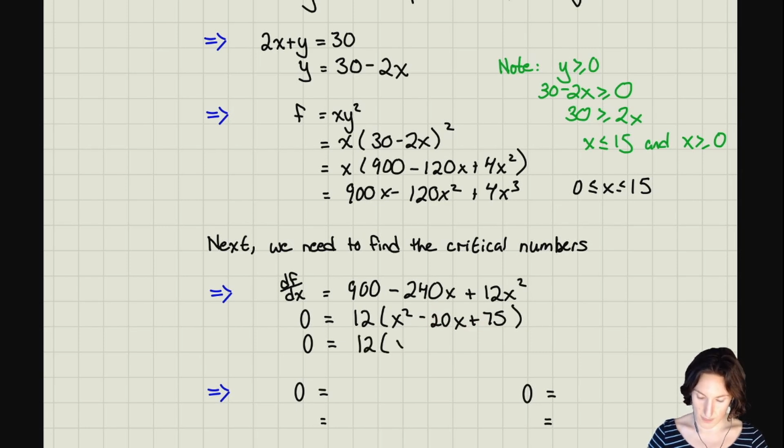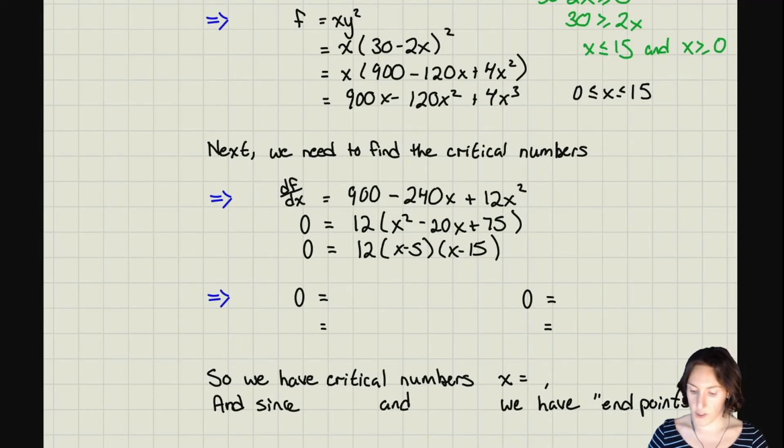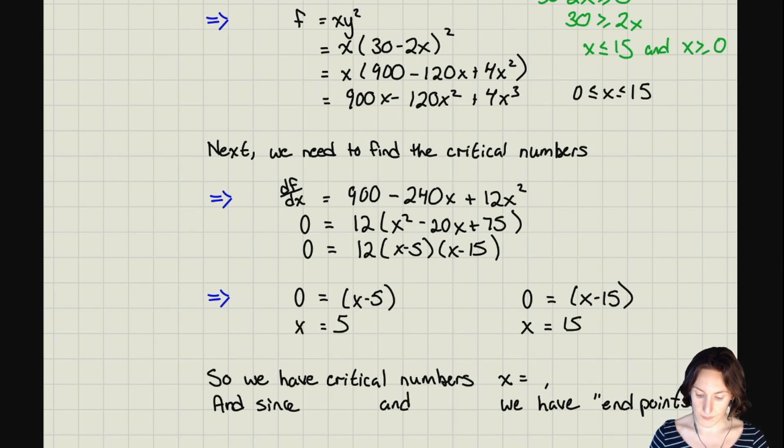So 12 times x minus 5, x minus 15. In other words, we get horizontal tangent lines if x minus 5 is equal to 0, or x minus 15 is equal to 0. So the critical numbers that we have are 5 and 15.